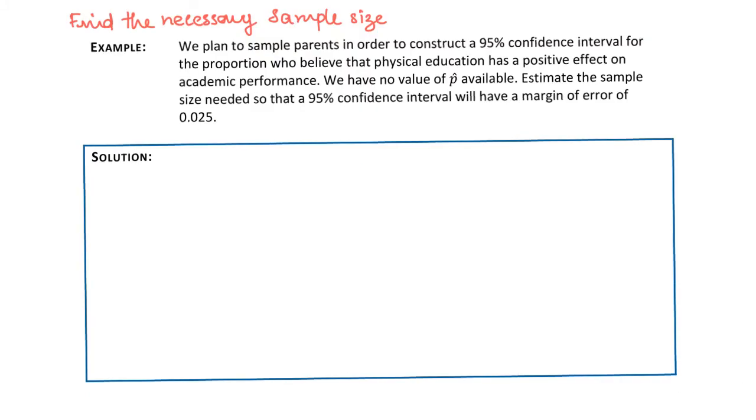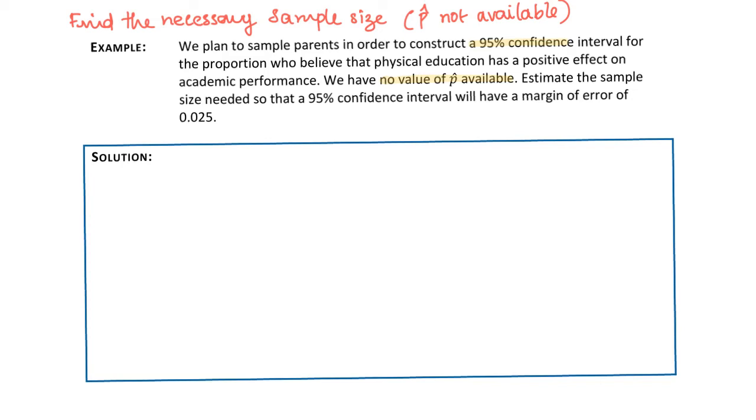This is another example to find the necessary sample size. Here p hat is not available. We plan to sample parents in order to construct a 95% confidence interval for the proportion who believe that physical education has a positive effect on the academic performance. We have no value of p cap available.